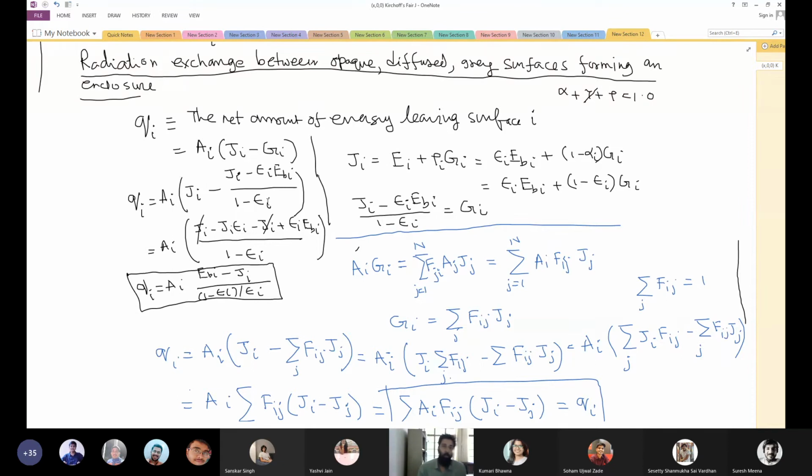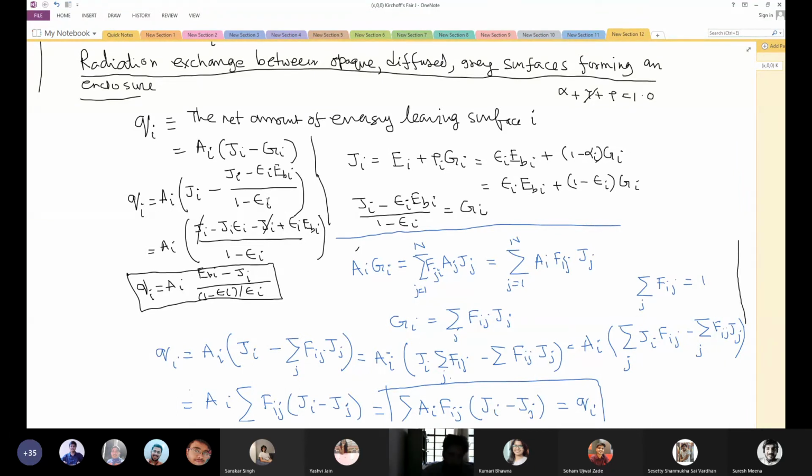We noted that ji and gi are not completely independent, so there is a certain relation between them. We exploited that relation, used some simplification, and wrote gi in terms of ji. We got one equation involving qi and ji.